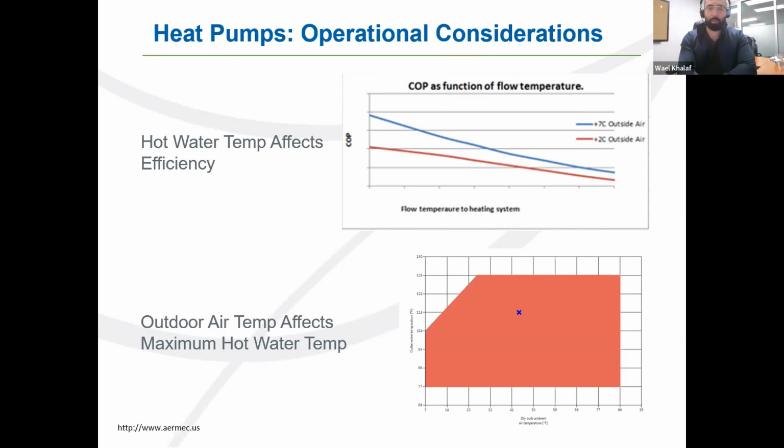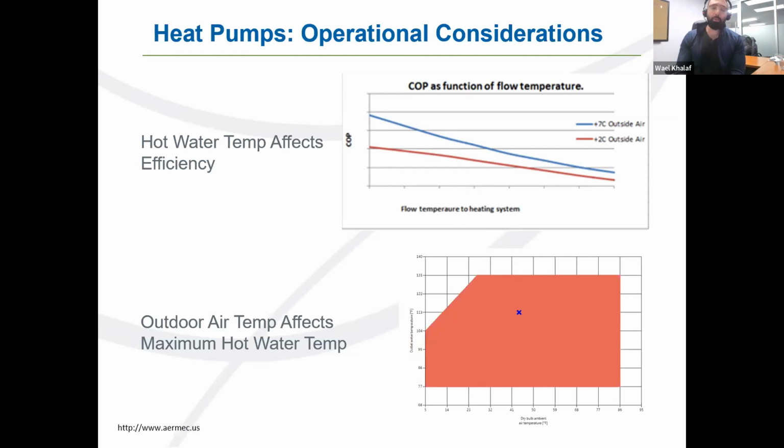And then if I look at the chart below, that's really an interesting chart because it shows the effect of maximum outlet temperature compared to the outside air temperature. If I drop below 30 degrees Fahrenheit, the maximum supply water temperature I can create with a fixed compressor is going to start decreasing, where eventually I'm going to reach a point where the unit can't produce any more hot water, and the building is going to have to rely on a different source of hot water production.